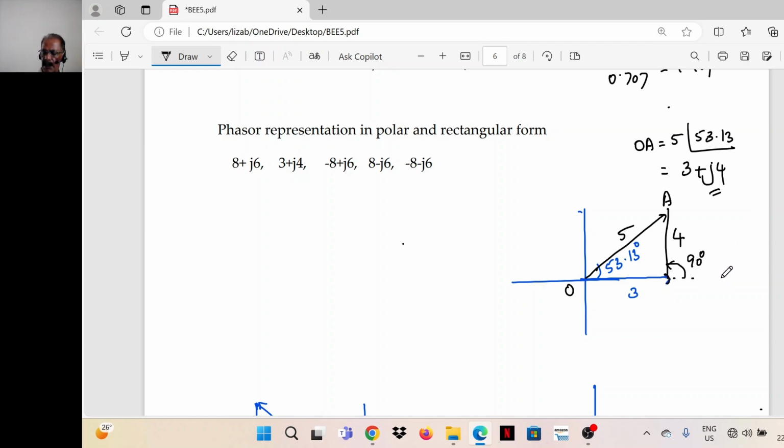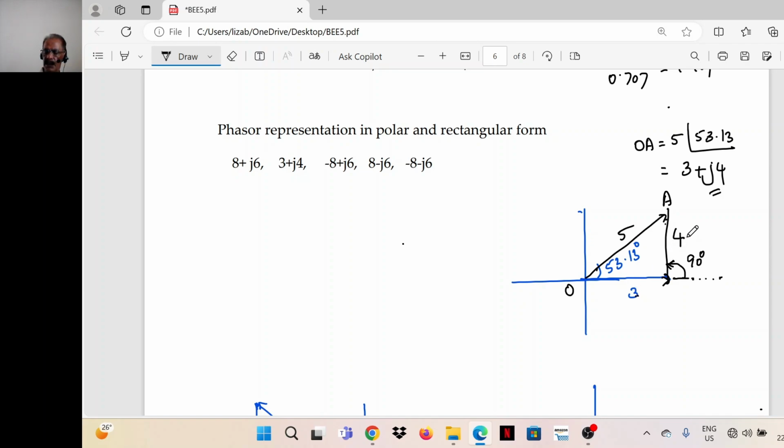So from the direction of 3, the real part, we have to move counterclockwise by an angle of 90 degrees and add 4 units. That is what is meant by 3 plus j4. 3 in the positive x direction, and from that direction, move counterclockwise and take 4 units.